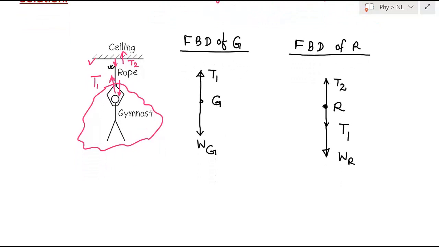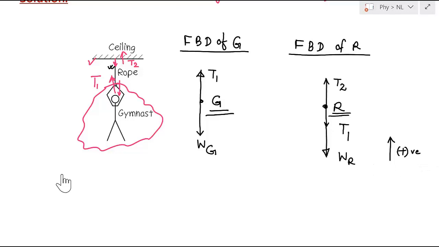So let us consider the equilibrium of gymnast and rope. Both are in equilibrium, so the sum of the forces has to be 0. First we will consider the gymnast, and let us make a sign convention, that the positive direction is the upward direction.